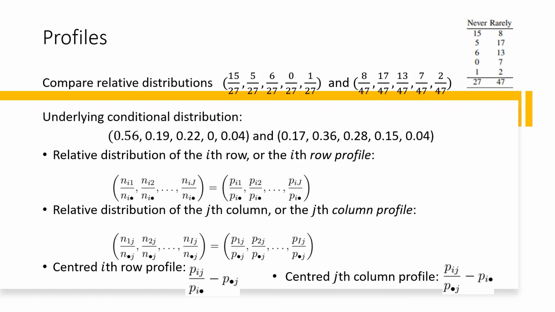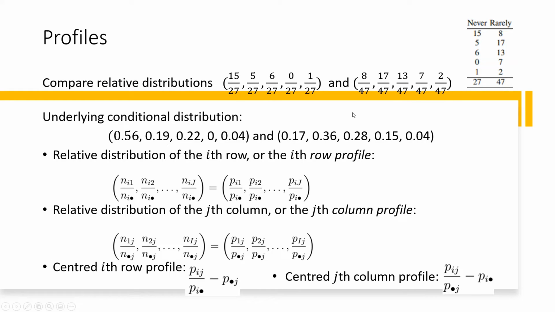A profile of a contingency table is a row or column relative distribution, which allows us to calculate and compare the underlying distribution for each category. For example, take the never category and divide the cells by its column total, which gives us the column profile for this category.